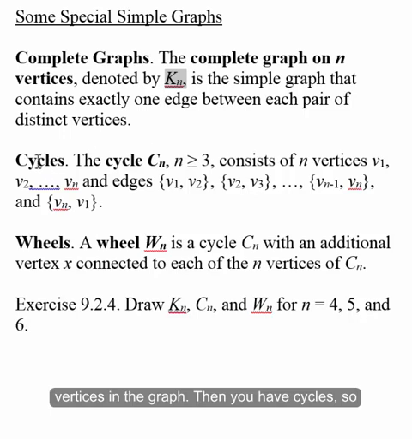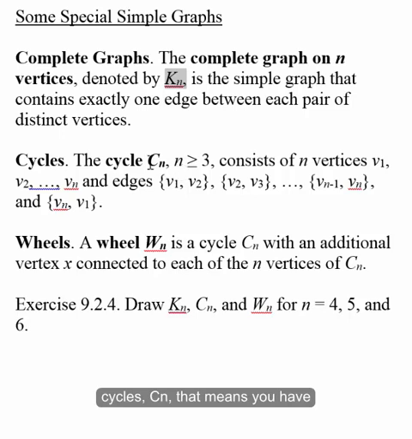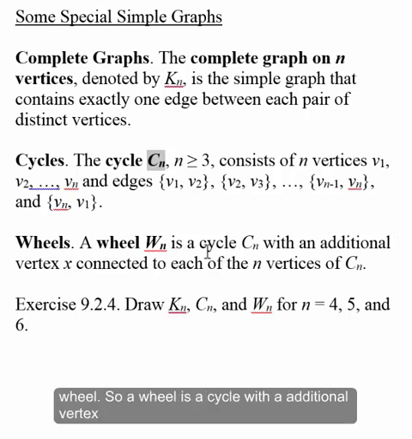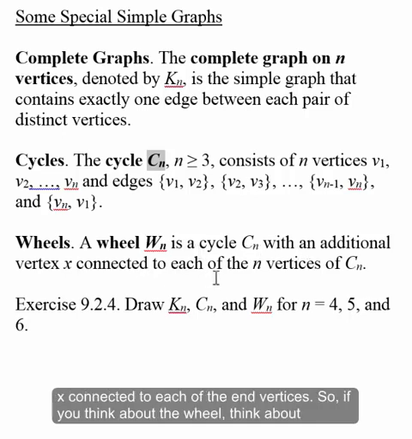And then you have cycles. So cycle C of n means that you have n vertices, and then you have a cycle that connects those vertices. You have a wheel, so a wheel is a cycle with an additional vertex x connected to each of the n vertices.